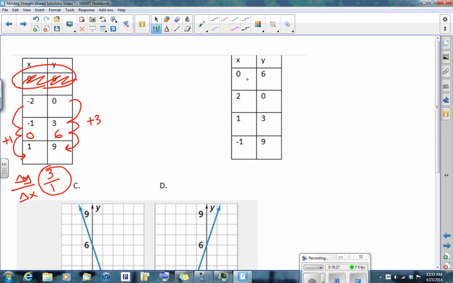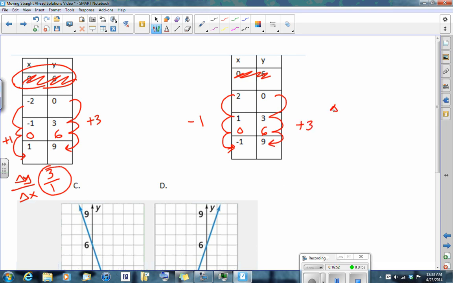Over here they do the same thing again. They've got 0 for x, and then 2, 1, -1. So again, 0 and 6. Move that right here, it's just easier to see what's happening. -2 to 1 to 0 to -1. They are each time subtracting 1. And 0 to 3 to 6 to 9, they are adding 3 each time.